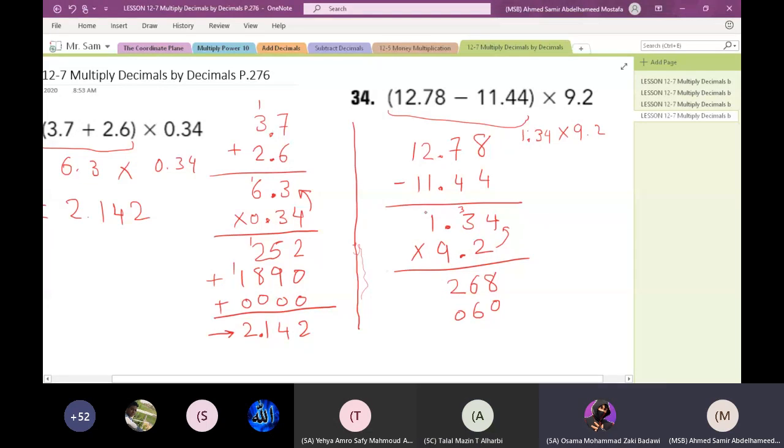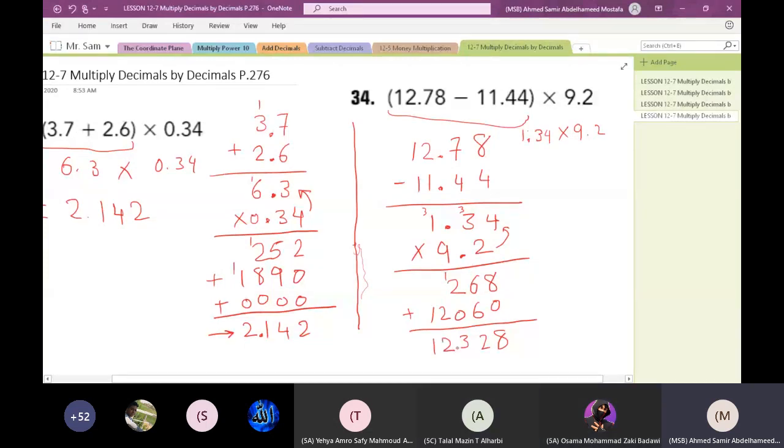And 3 times 9 equals 27 plus 3 equals 30. Go ahead. And then 8 plus 0 equals 8. And then 12, 3, 2, 1.